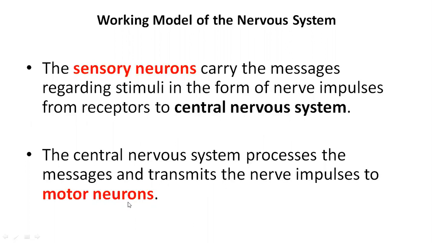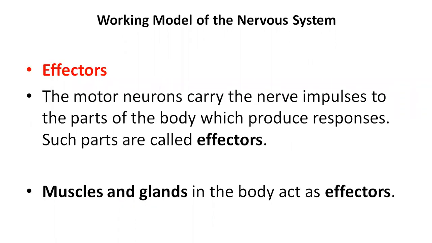Now, once the message is delivered to motor neurons, these motor neurons carry the nerve impulse to the part of the body which we call the effector. Effectors then produce a specific response, which means an action has taken place or our body has executed a function. Muscles and glands are actually the examples of effectors.